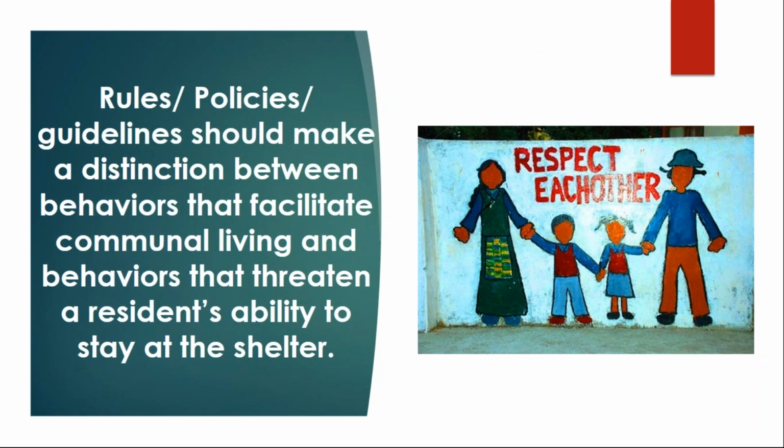So you want to be distinct between rules that can and do threaten your ability to stay in shelter versus these bits and pieces of advocacy and communal living. And we want to be very distinct in helping clients understand how those different things will be addressed.